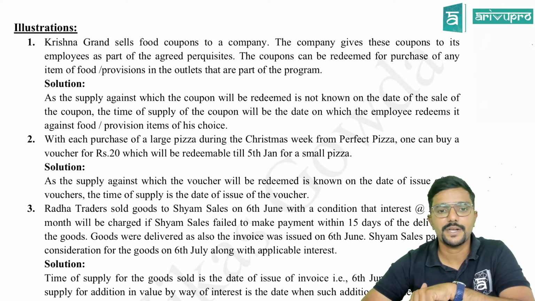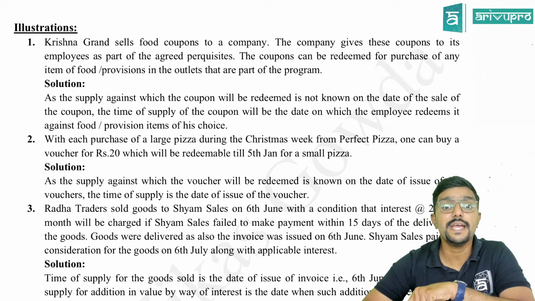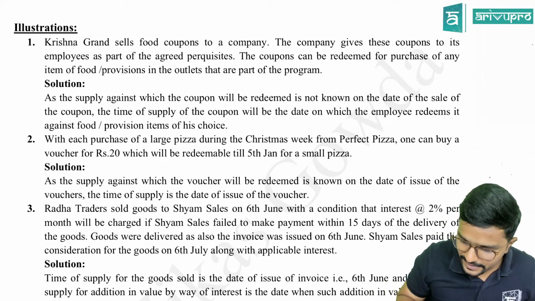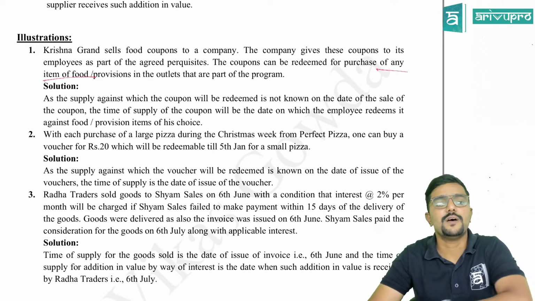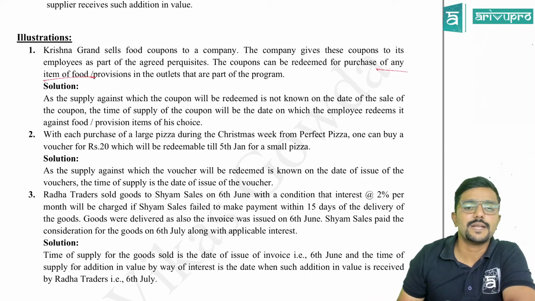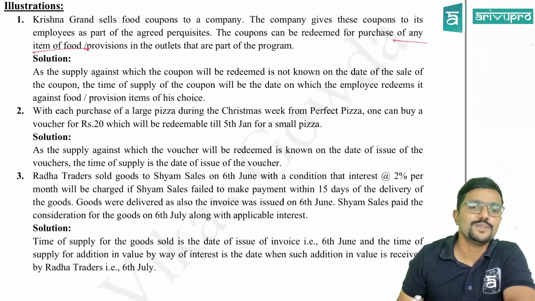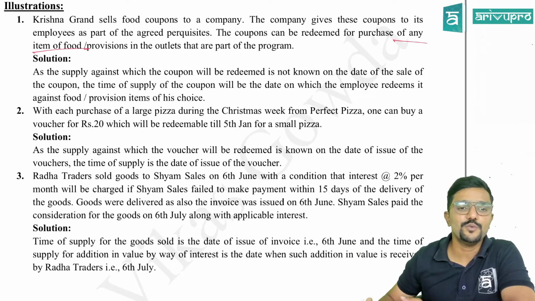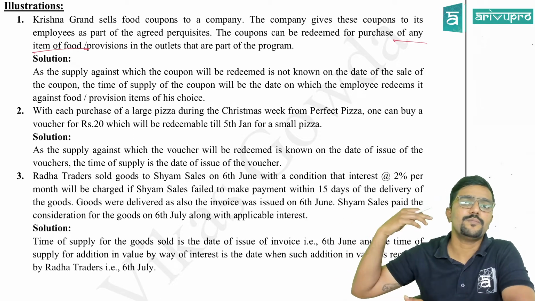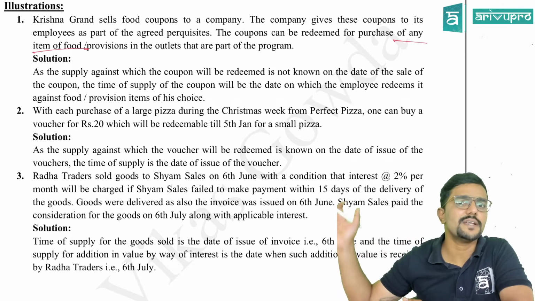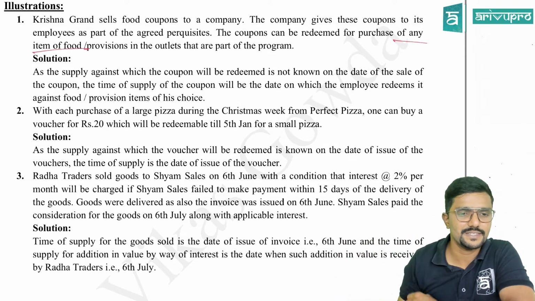Okay, let's continue. The coupons can be redeemed for purchase of any item of food or provision in the outlets that are part of the program. So the company has purchased the food coupons from Krishna Grant and given them to the employees. Employees can use this to purchase any item in the program.